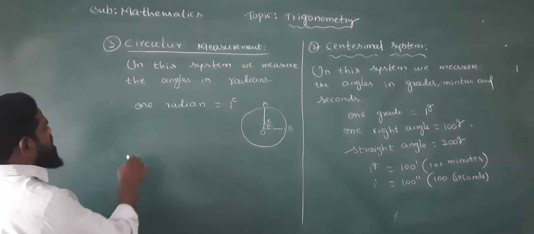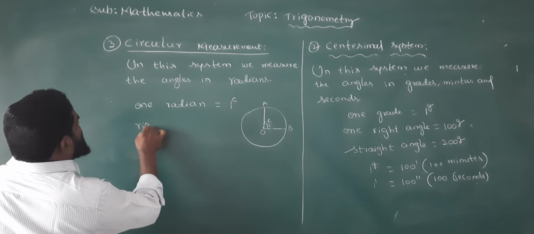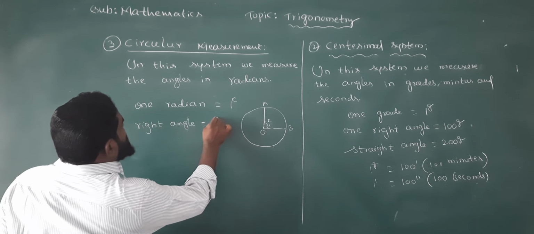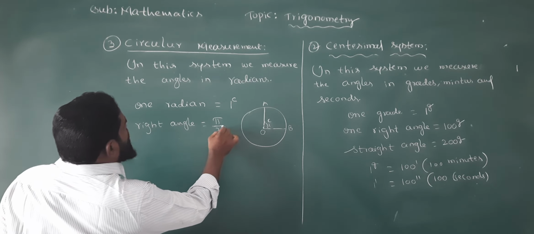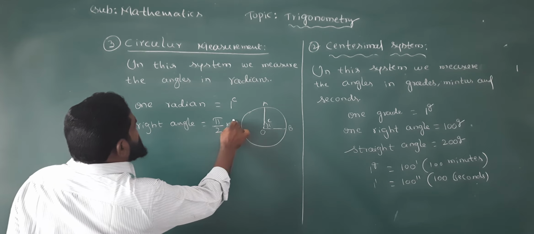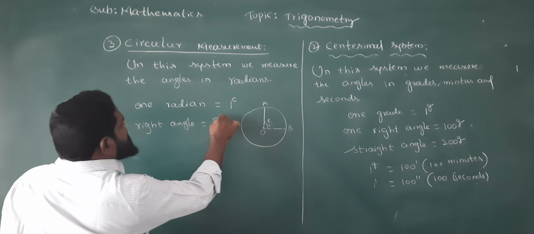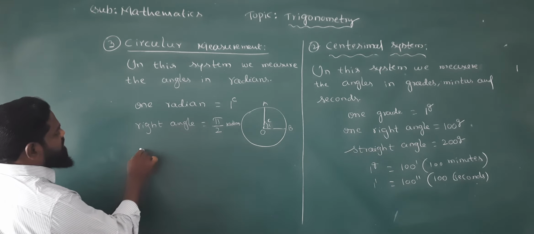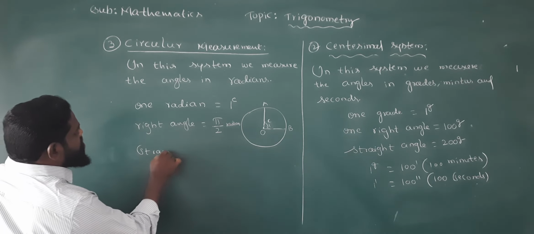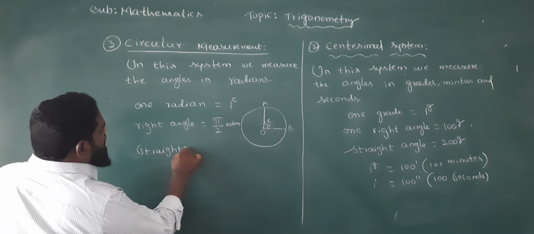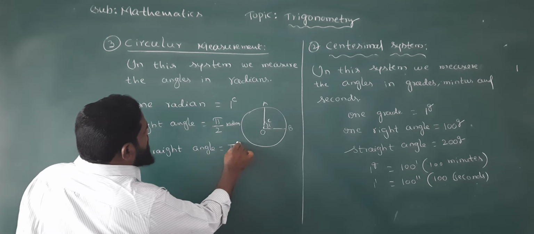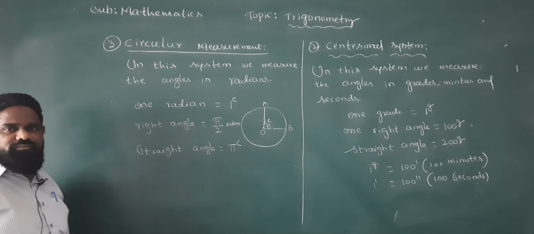Okay. Right angle equals pi by 2 radians, and we can write c also, keeping c on top of the value. Straight angle equals pi radians.